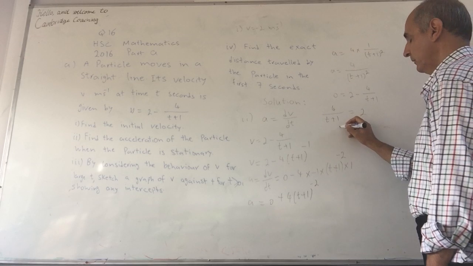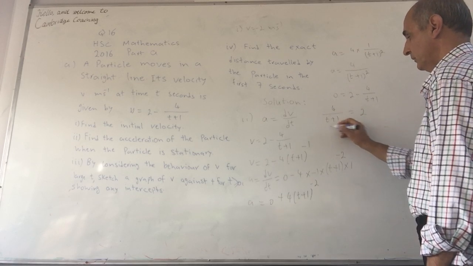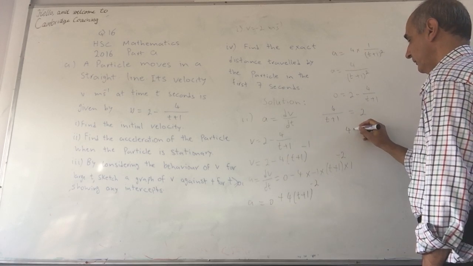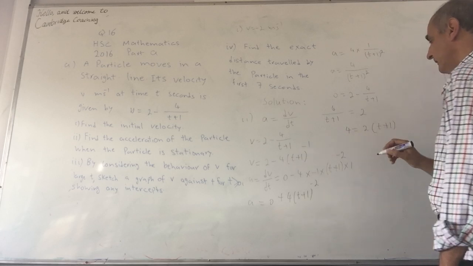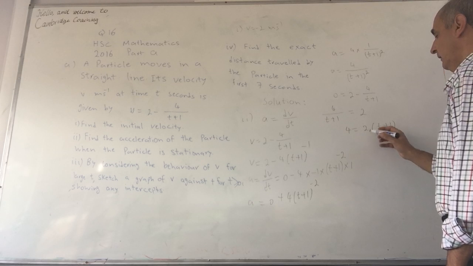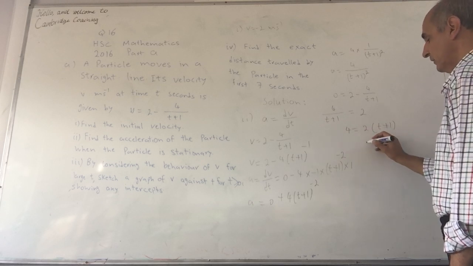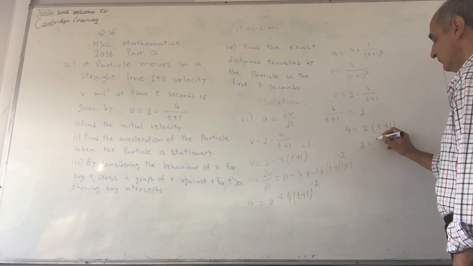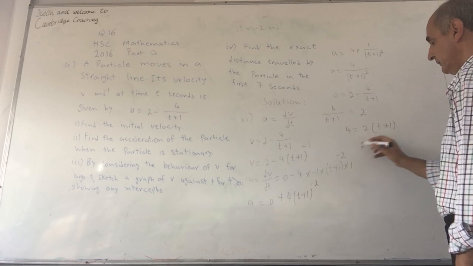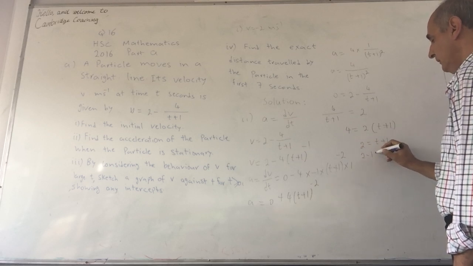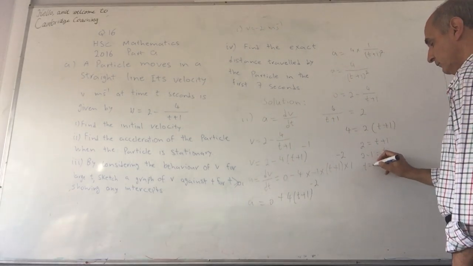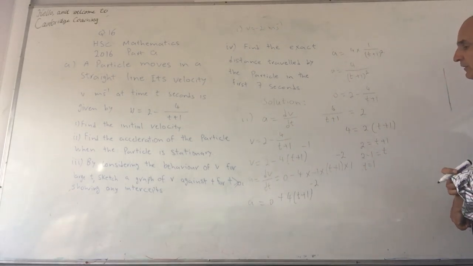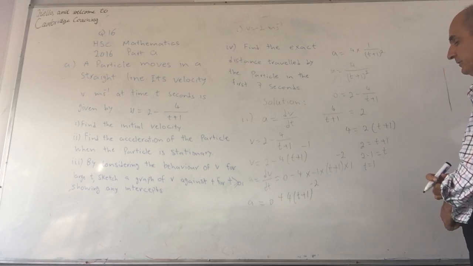Then cross multiply, or times both sides by t plus 1. You end up with 4 equal to 2 times t plus 1 in the bracket. And you can divide both sides by 2, giving you 2 is equal to t plus 1, and 2 minus 1 to get to the t, and that gives us t equal to 1. So when t is equal to 1, the particle is stationary.